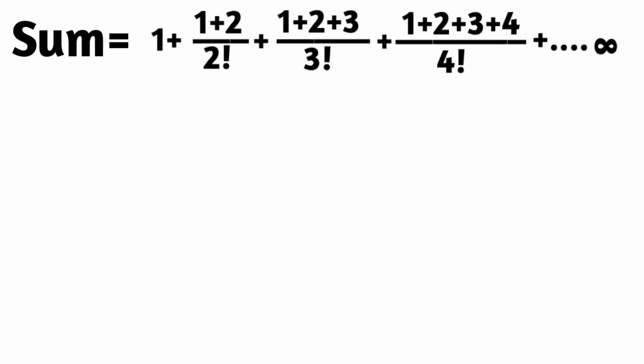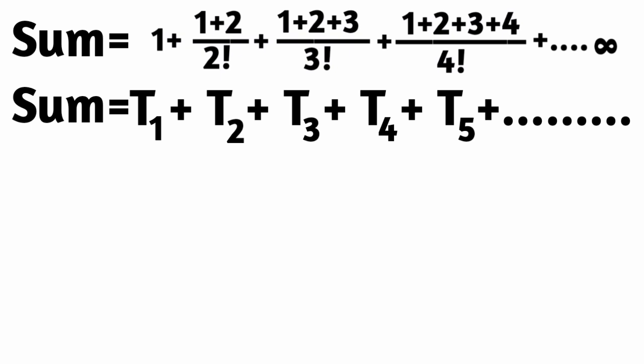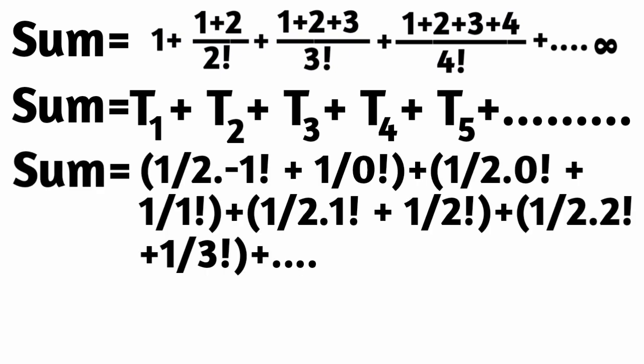Now, using these terms t1, t2, t3, t4, t5, we can say that the first term t1 is 1 divided by 2 into factorial minus 1, plus 1 divided by factorial 0. Similarly, for the second term, 1 divided by 2 into factorial 0, plus 1 divided by factorial 1.